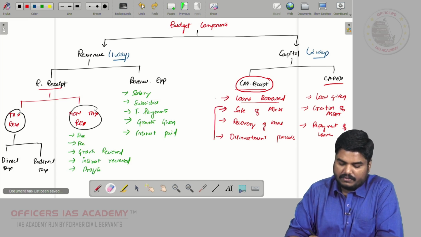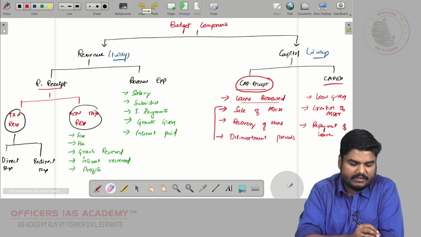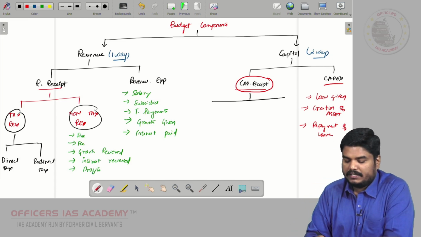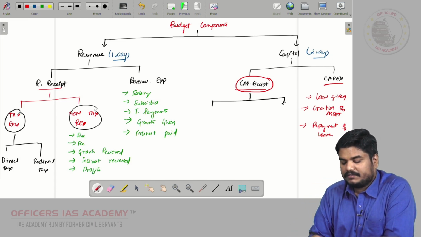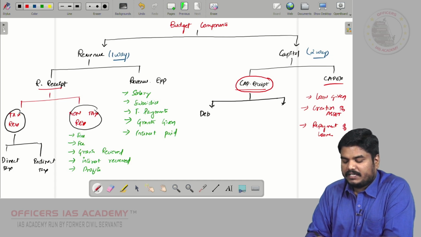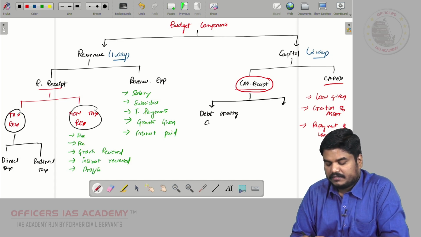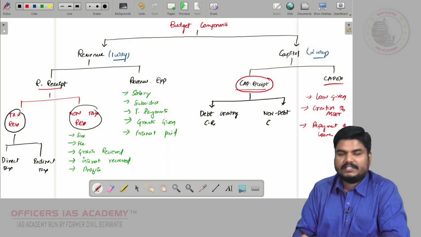Now capital receipt, I am classifying it further. I am dividing this capital receipt into debt creating capital receipt and non-debt creating capital receipt.